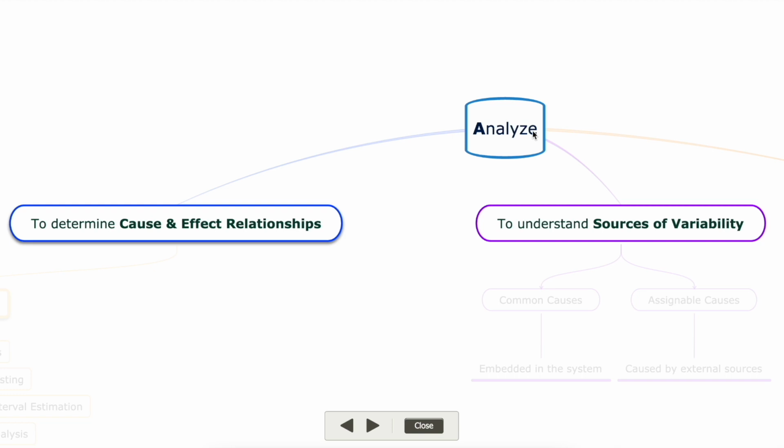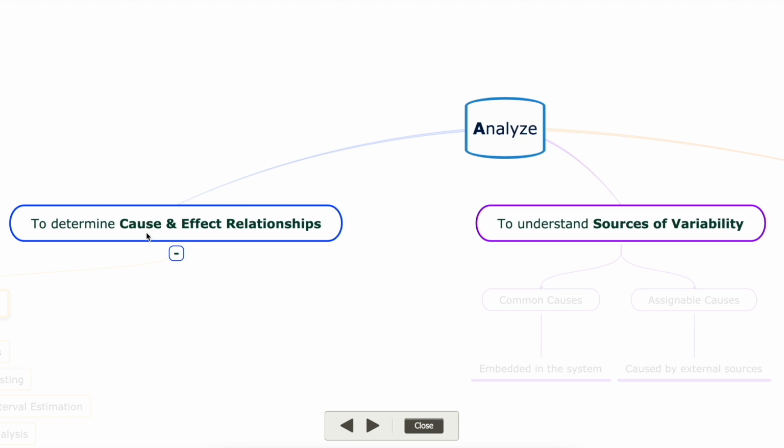In this step, first we determine cause and effect relationships. Cause and effect relationships are the ones that show what is the thing that is causing something. So there is a cause and there is an effect. There is a cause which causes some effect, and what is the relationship between the two, whether it is deteriorating or improving something, or whatever those relationships are.